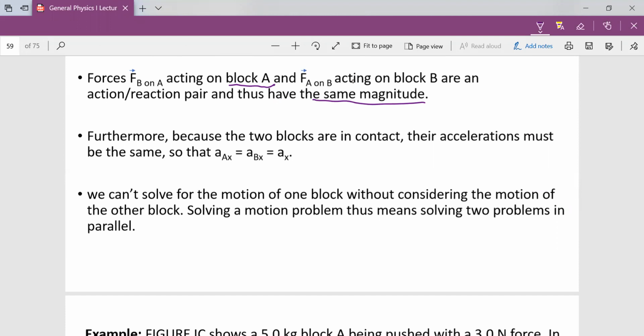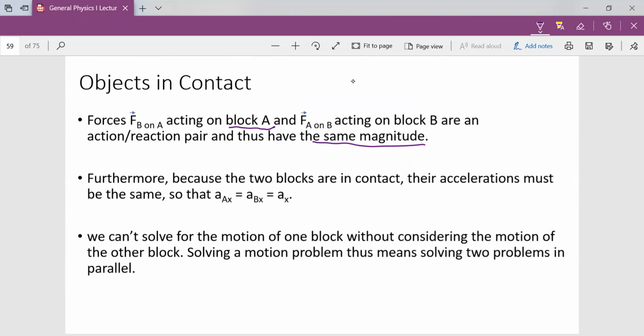So we have emphasized this in the 30s, but we're just bringing it out as it relates to objects in contact, which is interacting objects that we're looking at in general. We have also established that they will have the same acceleration. So this slide is like a repetition of what we saw in the 30s, okay?